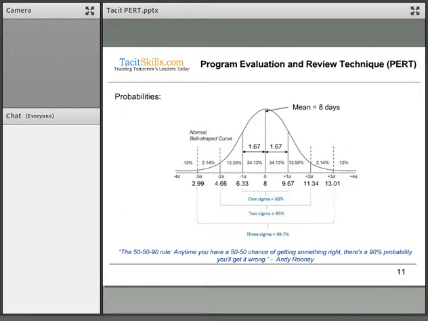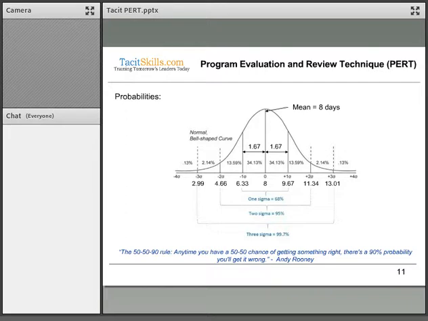And if we go to our 3 sigma, there is a 99.7% chance that the activity will be completed between 2.99 days and 13.01 days. So that helps us quite a lot to see what the probability is of falling.